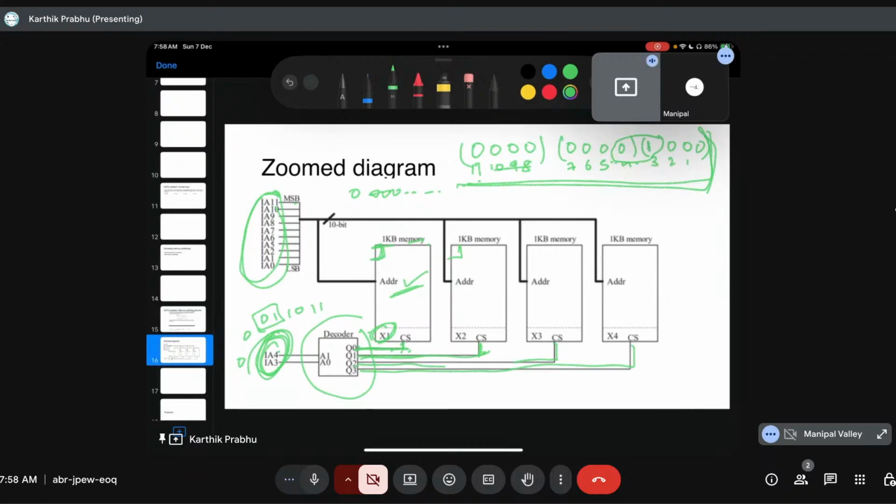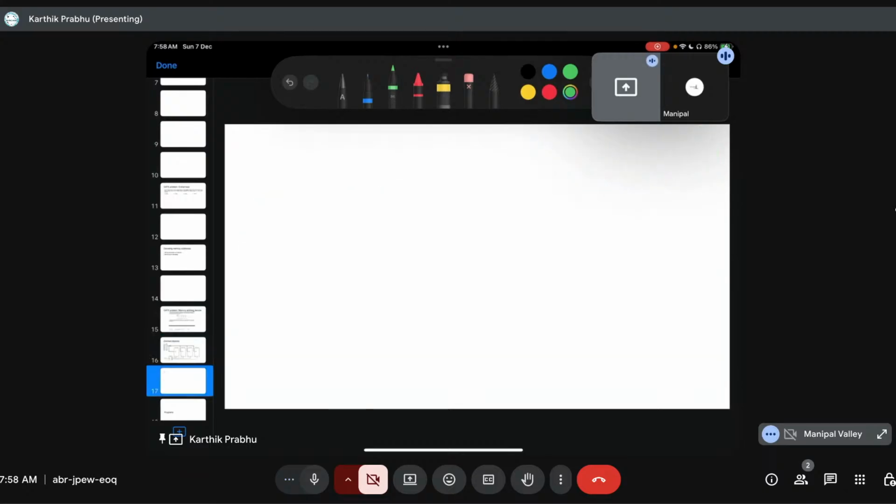Yeah, because see, 0 1, you know how a decoder works, right? I'll tell you how a decoder works. This is a 2 by 4 decoder. If I put in the input line 0 0, then this output would be selected. If I put 0 1, then this output will be selected. If I put 1 0, this output will be selected.